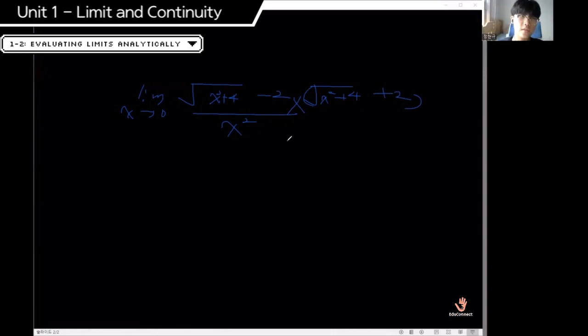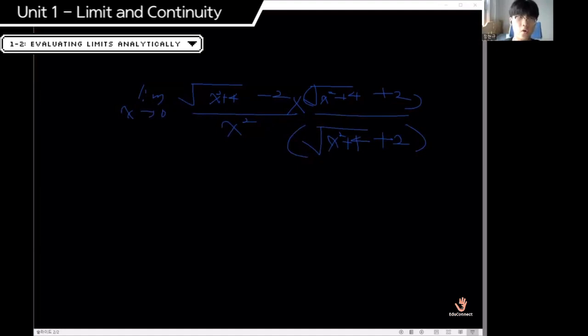Here we have a subtraction sign, so you do the opposite sign. Now, if I multiply something to the numerator, I have to multiply by the same amount in the denominator. And this is called rationalizing the numerator.